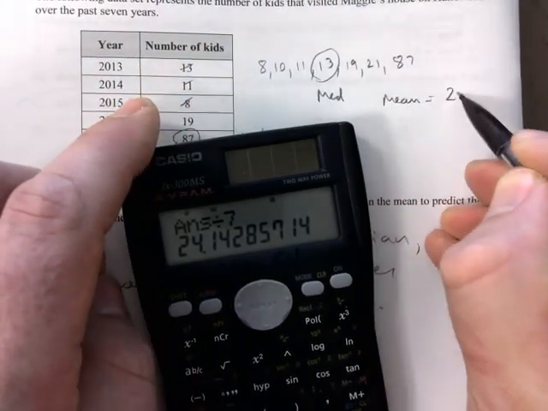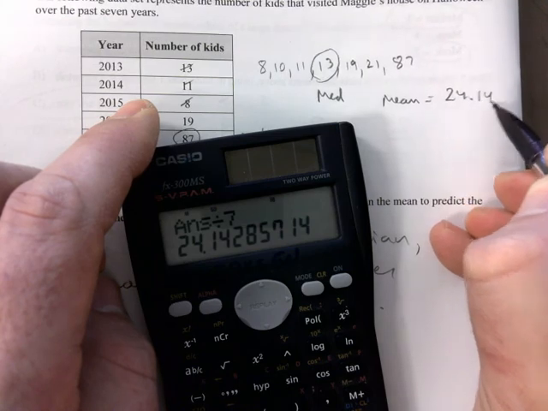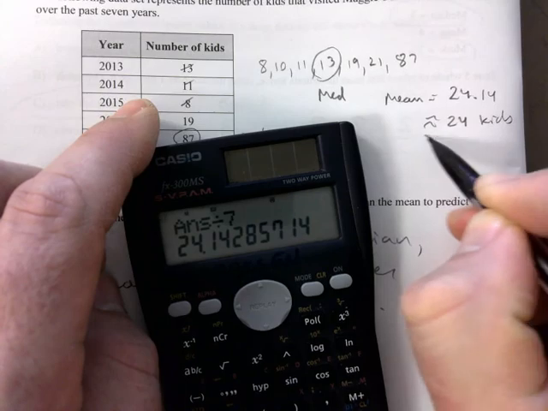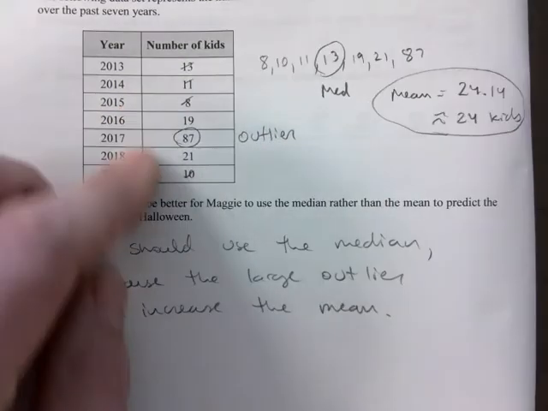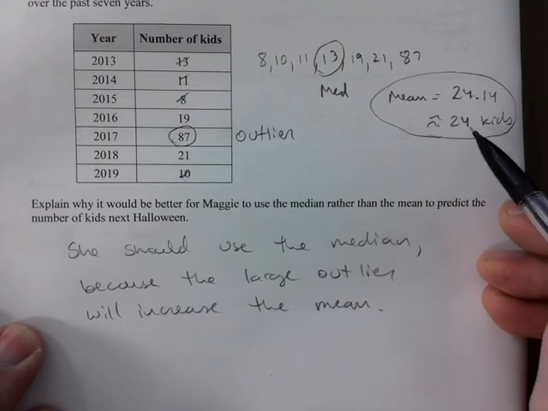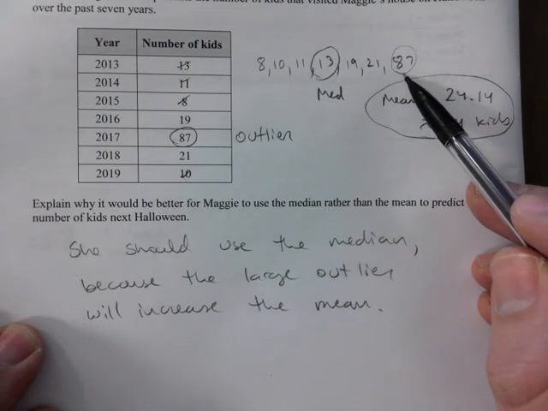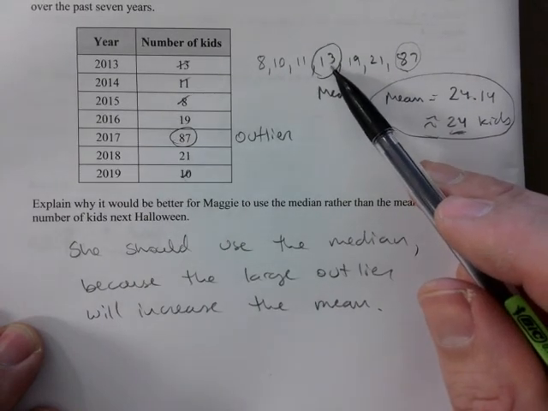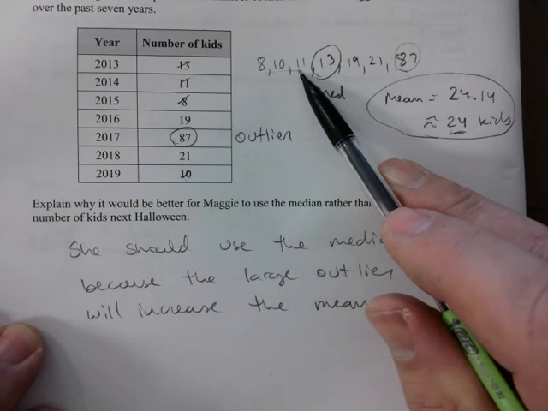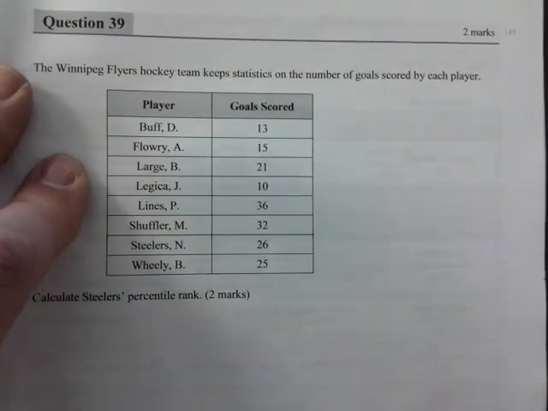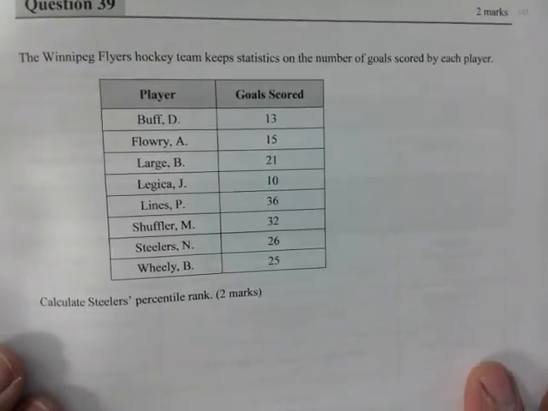The mean would be 24.14, approximately 24 kids. So this is just to make that point even more obvious that the outlier will bring this up to 24, but really 13 is probably the best bet, based on what's happened before, so that's a better preparation. You might disagree, but statistically speaking, that's what you should do.